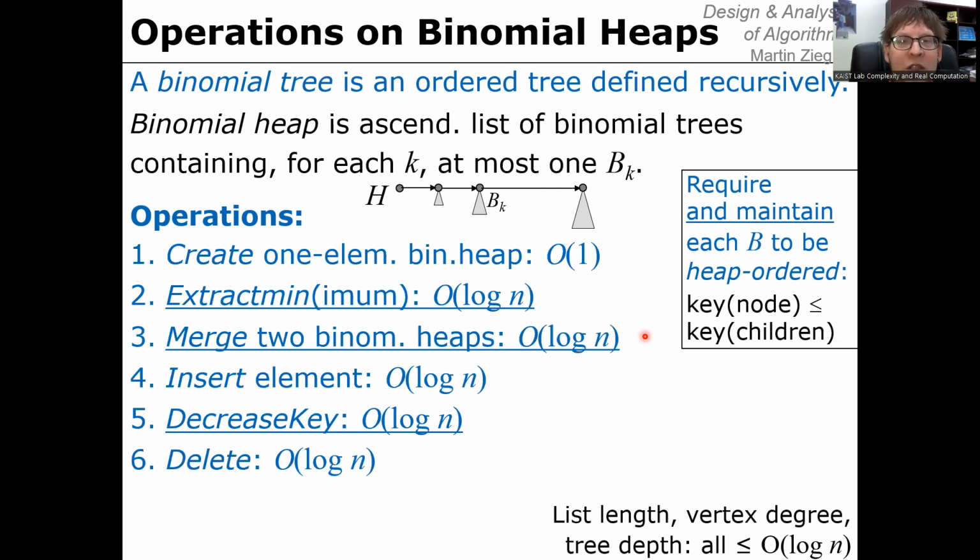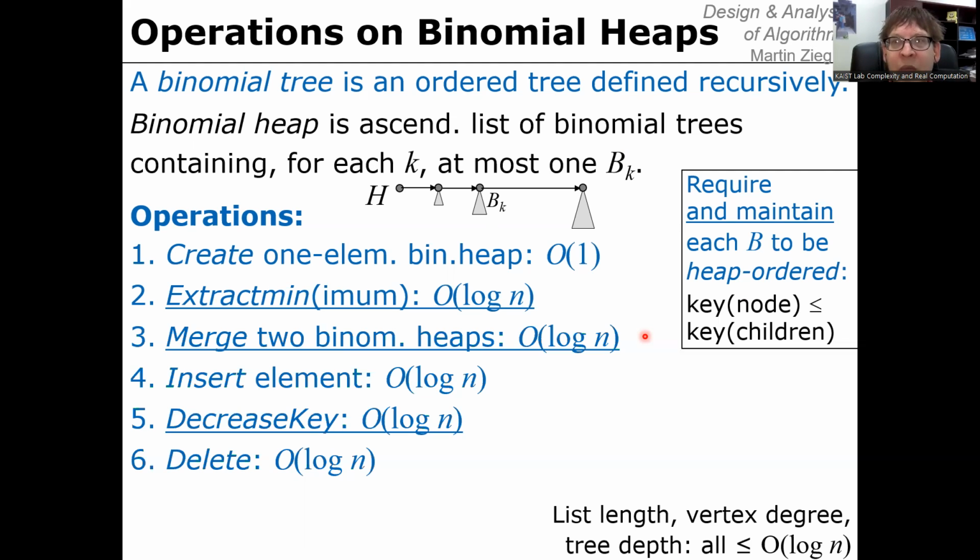And all these operations operate on binomial heaps and on nodes in binomial heaps. So for example, if we want to delete a node from the binomial heap, then we need to have a handle on that node within the binomial heap. Technically, imagine that to be a pointer.